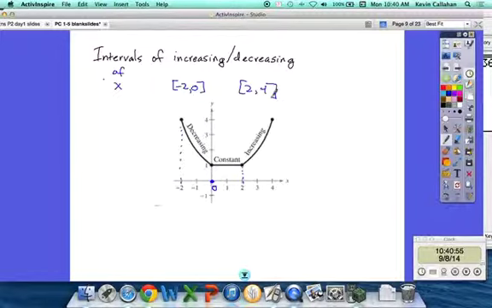What if it's a vertical line? What is the title of our lesson today? Graphs of functions. Vertical lines aren't functions. He's saying, what would you say for a vertical line? And I said, well, it's not a function, so I don't have to answer the question. But if you look at a vertical line and try to apply my word definition there, is the graph increasing or decreasing as it goes from left to right?